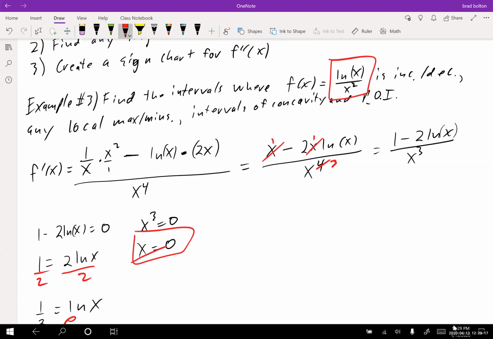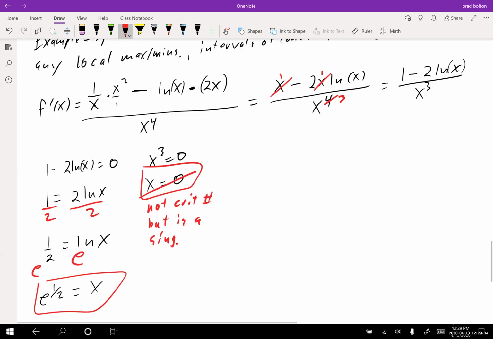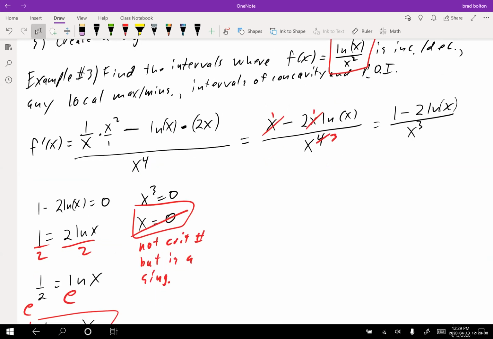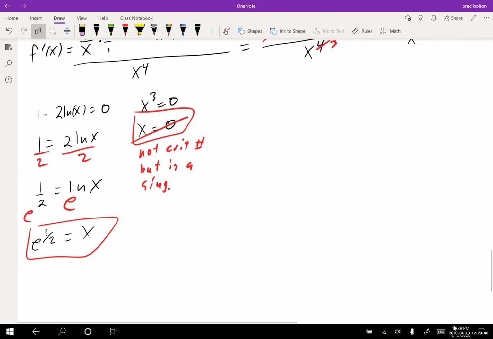So this is not a critical number, but is a singularity. Okay, so we do know that at least. Now are we allowed to plug e to the 1/2 into the original? Yeah, we can plug e to the 1/2 in. That's not going to cause any issues. It'll just be some ugly decimal, but it won't be a domain issue. So this is our critical number.